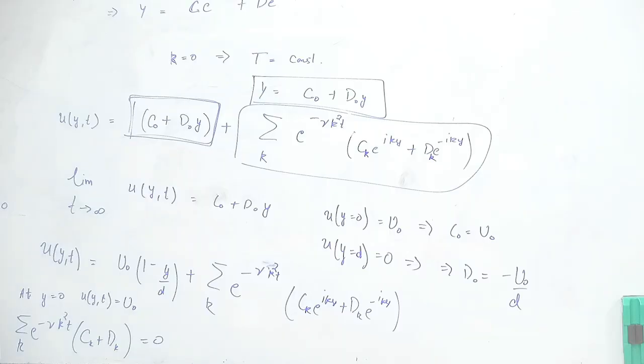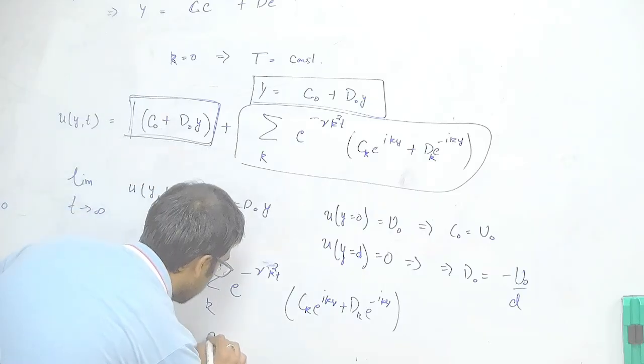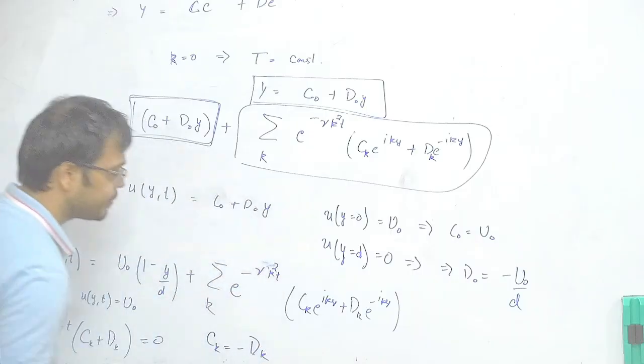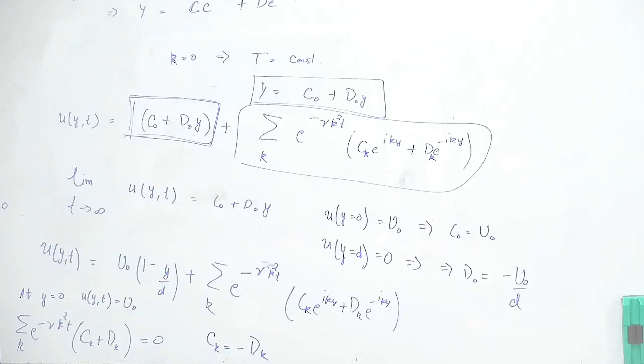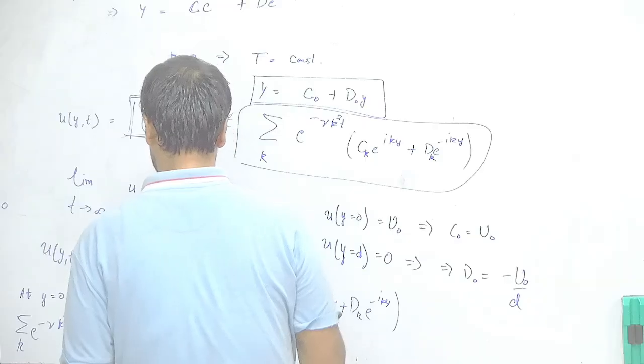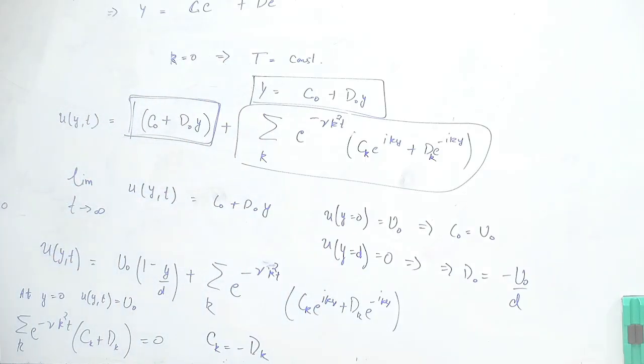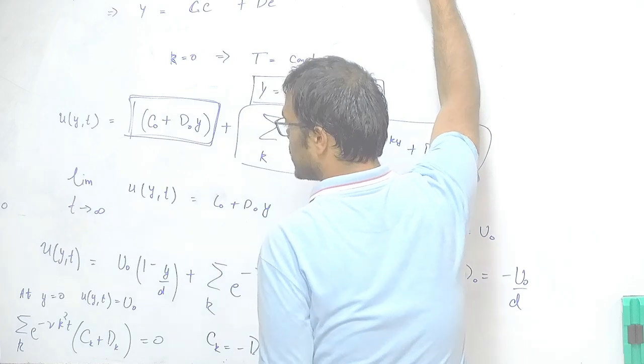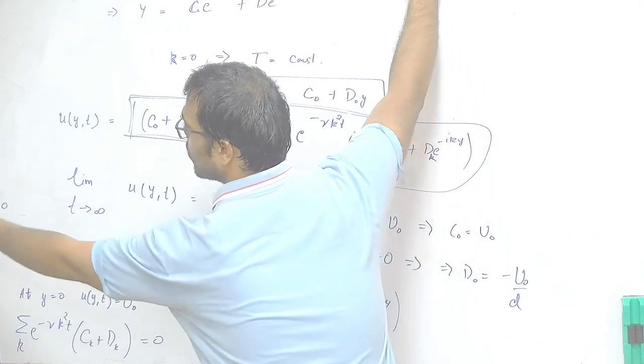For all times this summation must be 0. That means individually for each k, ck and dk will have to sum up to 0. So for all k, ck equals minus dk. So we get one simplification in the solution when we have put the y equals 0 boundary condition.